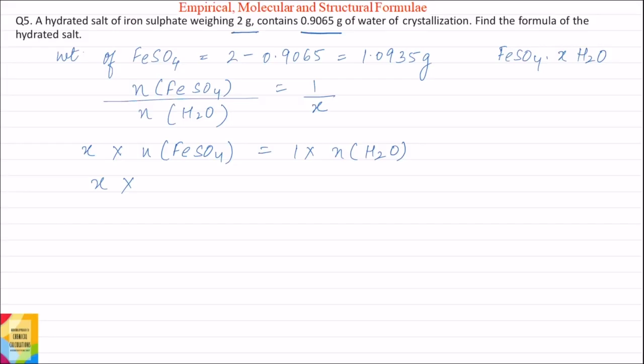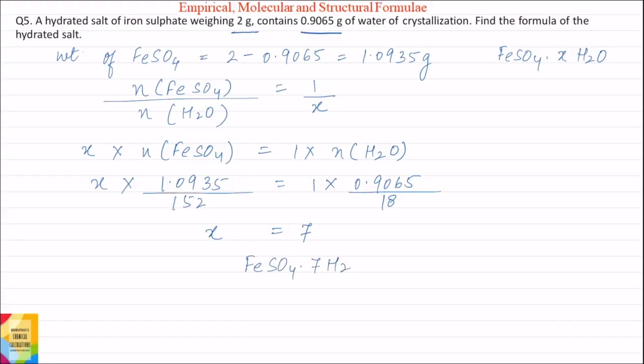Weight divided by molecular weight of FeSO4, that is 1.0935 divided by 152, and this is equal to 1 into moles of water, which will be weight divided by molecular weight of water, that is 0.9065 divided by 18. Solving this, the value of X is equal to 7. Therefore, the molecular formula of the compound will be FeSO4 dot 7H2O.